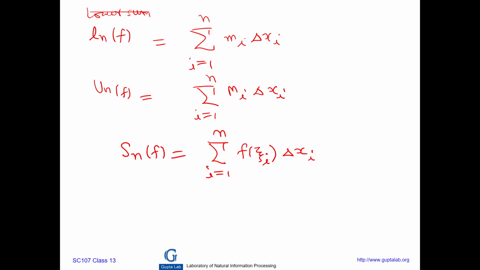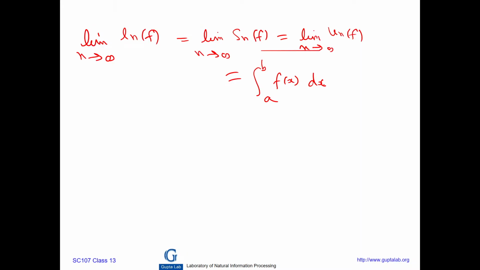So we say limit n tends towards infinity of the lower sum is the same as limit n tends towards infinity of the typical sum, the same as limit n tends towards infinity of the upper sum, and we denote it by integral a to b f of x dx. This is how the definite integral is defined. Got the idea? It's a very simple idea. I think you know about it already.